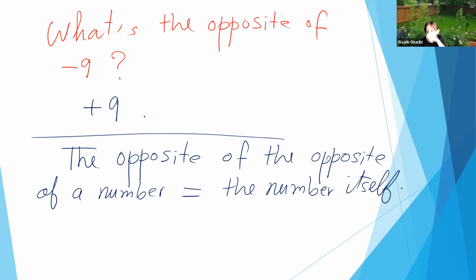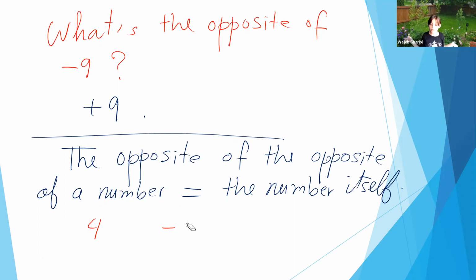Give me an example, Maria. What is the opposite of positive 9? Another example, 4. What is the opposite of 4? It is -4. What is the opposite of -4? It is positive 4.